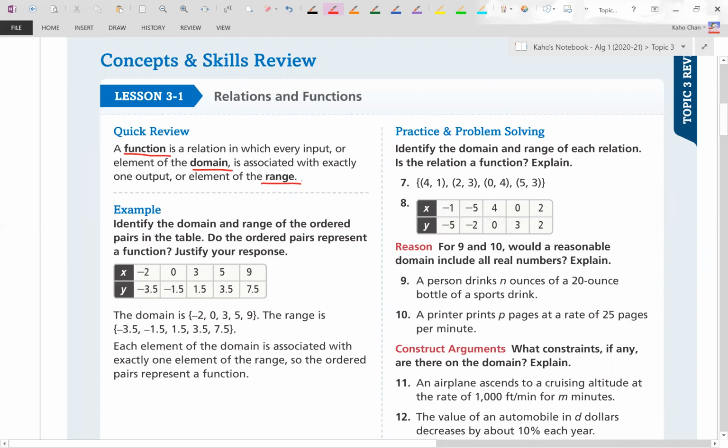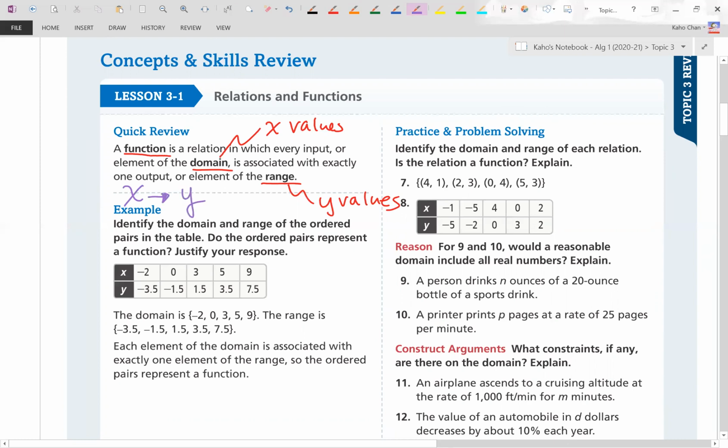Every x value, basically, that's the domain that we refer to usually, is associated with exactly one output or element of the range. Those are the y values, usually. And sometimes you might see me write this: every x value has a unique y value.